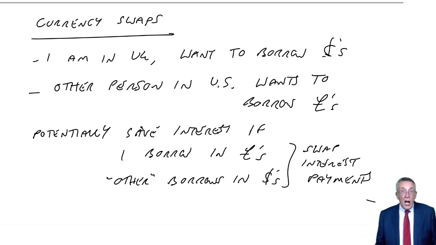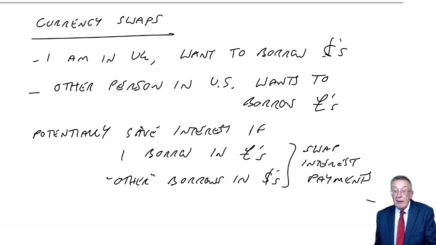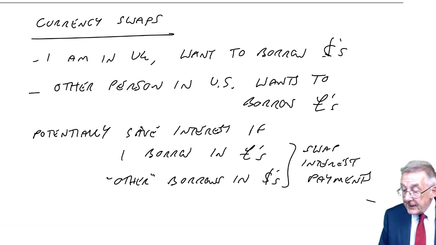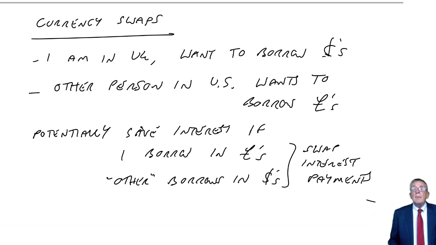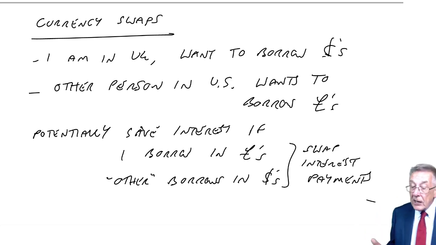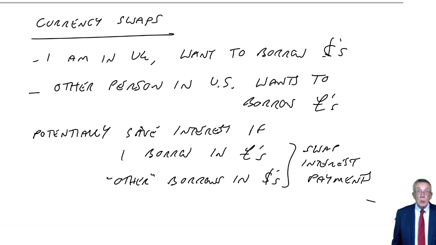Because we're both paying lower interest than we would if we borrowed in the other currency, we borrow in our own currency, but then the other company pays my interest, they're paying in pounds, I pay their interest, I'm paying in dollars, which is what I wanted. Now, if you're wondering exactly how that can work, it's effectively what we call an interest rate swap. And I'll show you numbers on that when we come to interest rate risk. And I will then refer back to currency swaps. And you'll see exactly what I mean and how the numbers could go.